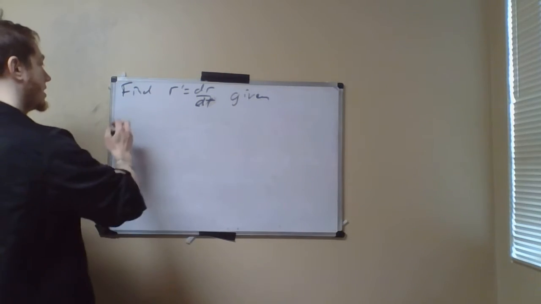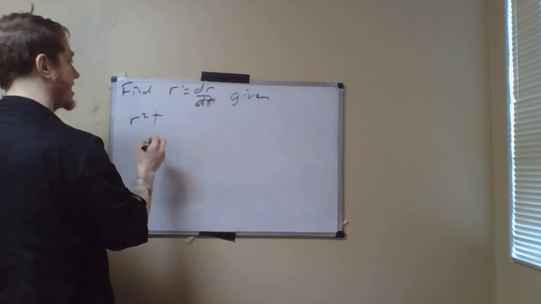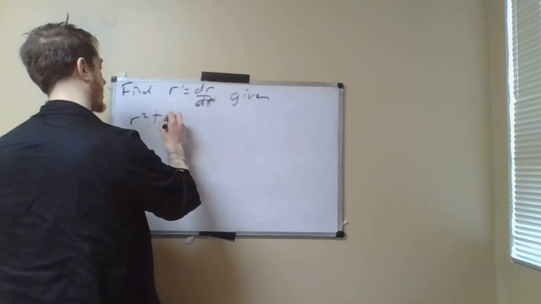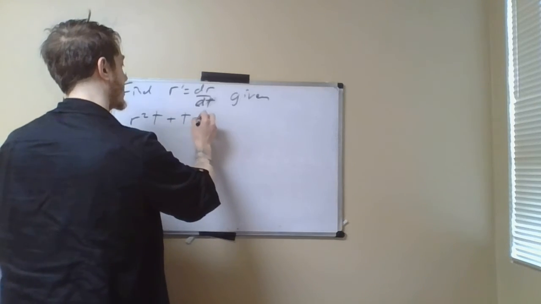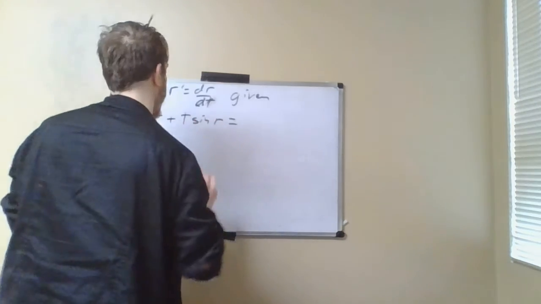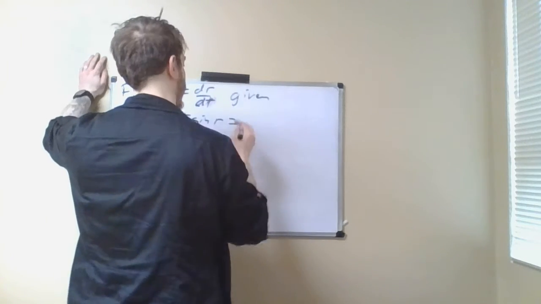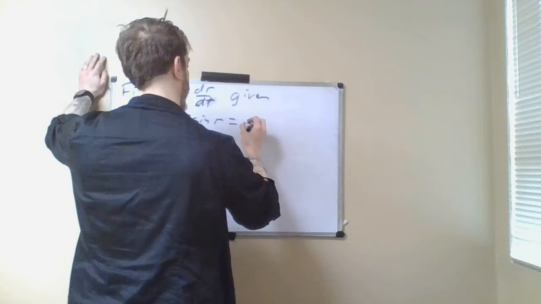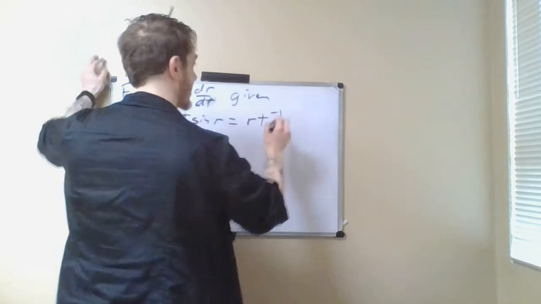Let's suppose that we have r squared t plus, let's say, t times the sine of r is going to be equal to, let's do r times t to the minus 1.